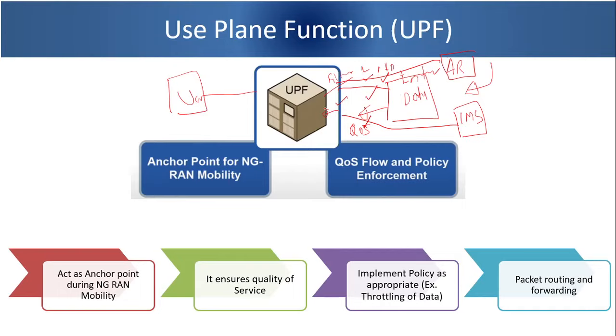The same function for uplink is done by the device, which I'll talk about. I think I have 2 sessions on quality of service and I'll try to cover it in detail there, but this is in a nutshell how the UPF function is part of managing quality of service. I hope I am clear up to now.